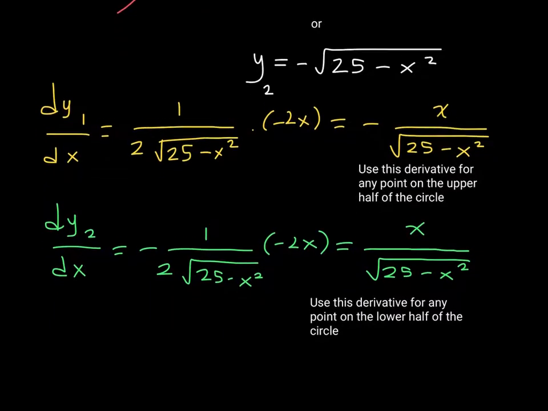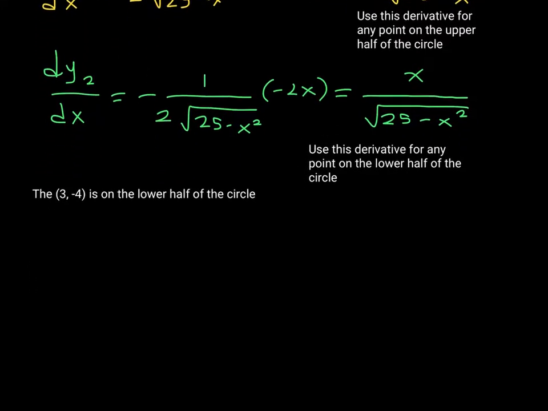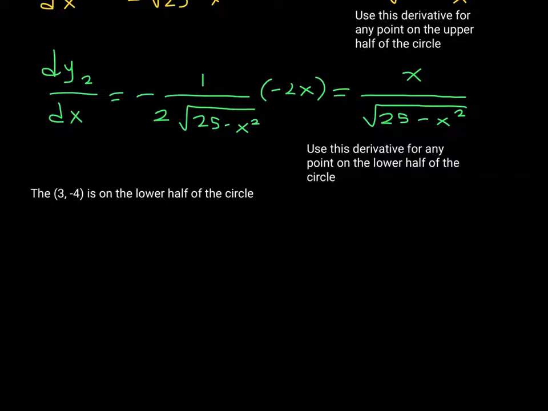We want to find the slope of the circle at the point 3, -4, which of course is on the lower half of the circle. So we're going to use this second derivative here. So we're going to say dy sub 2 dx, right, evaluated at x equal to 3 is equal to, we can go ahead and just plug 3 into this function here.